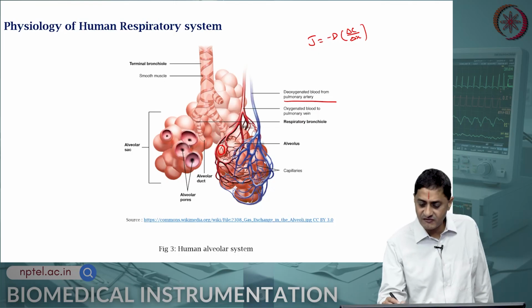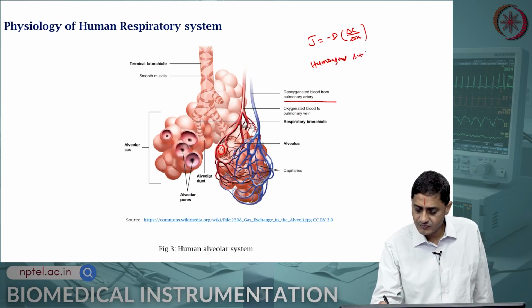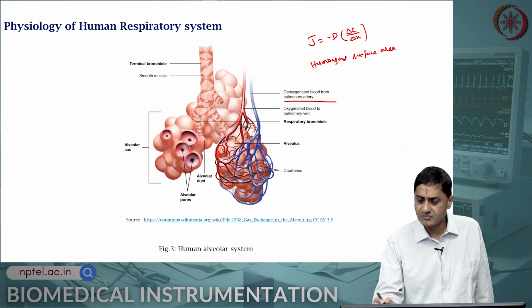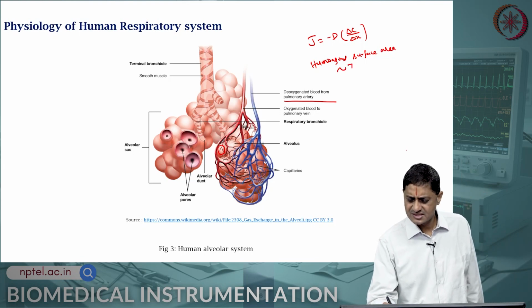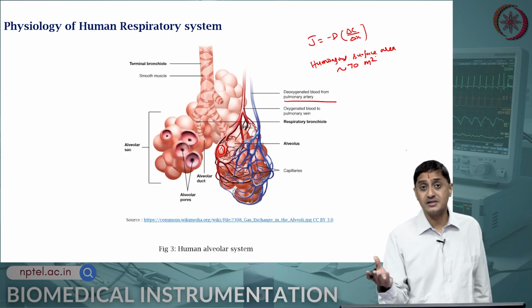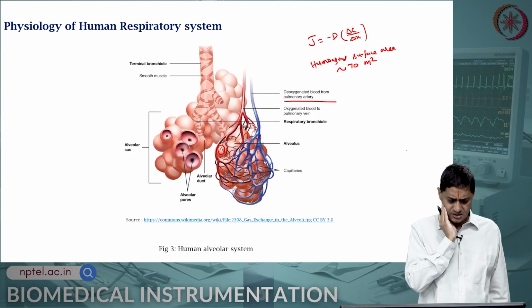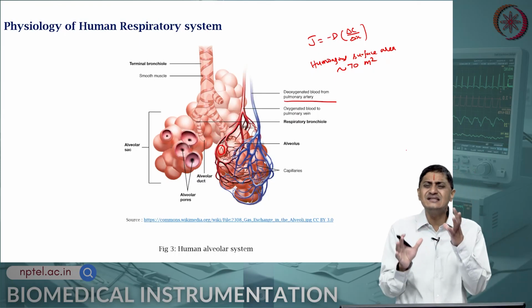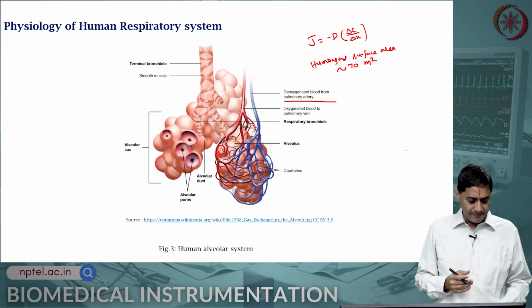One is by having a huge, humongous surface area. The order of about 70 meters squared in adult lungs. In humans, it is a huge surface area. So, thus increasing the space in which this interaction can happen.